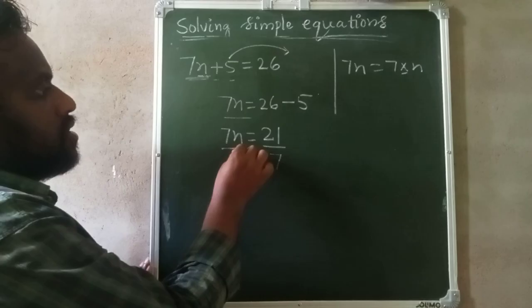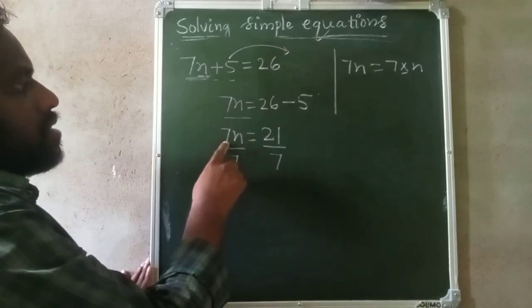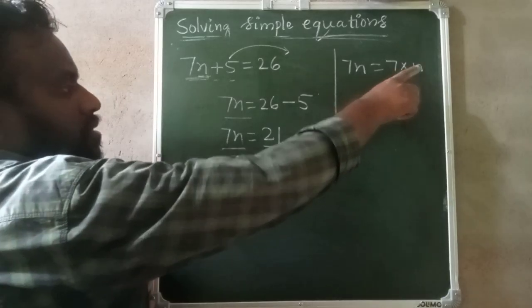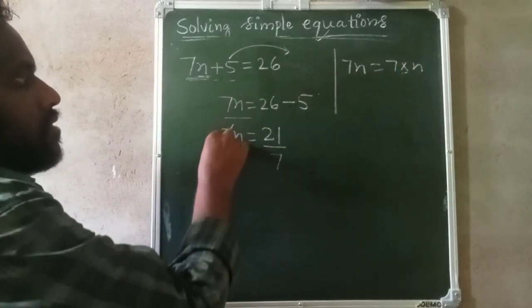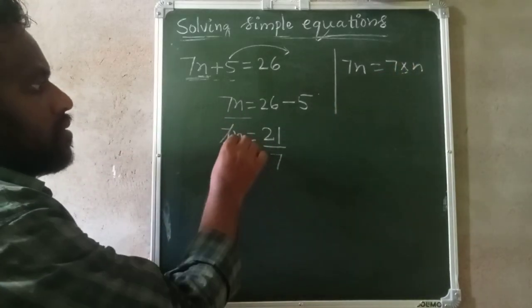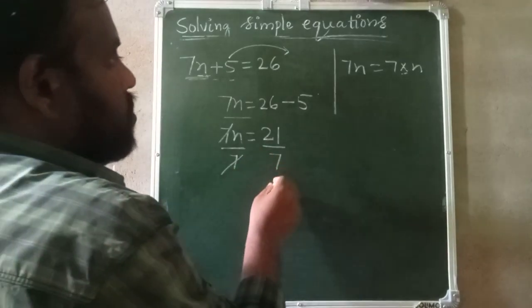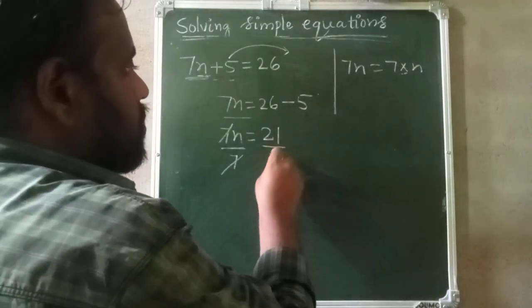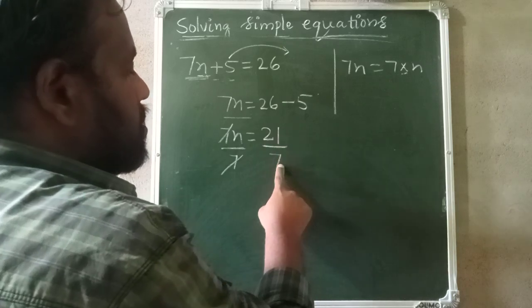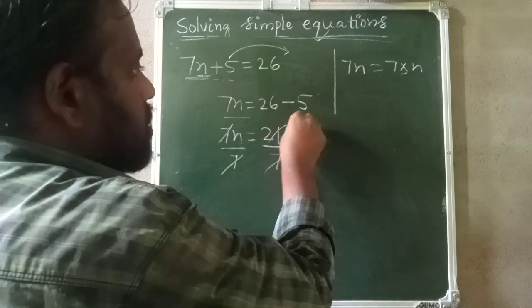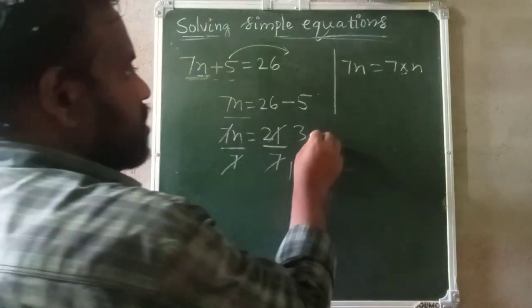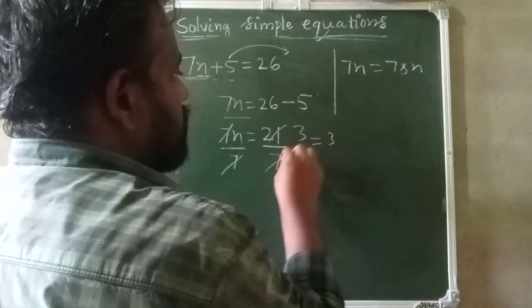Now, since this is division and it is like 7 into n, multiplication is there, so you can cancel 7, 7. Next you can divide 21 by 7. This is division, so 21 by 7. 7 ones are 7, 7 threes are 21. Next, what is left? 3.